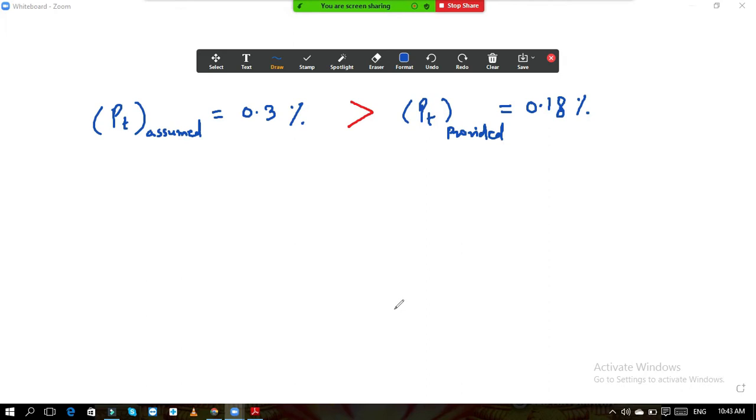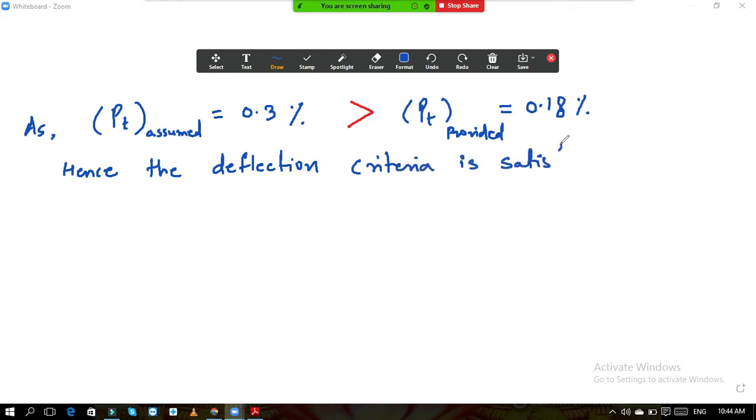So I can write: percentage of steel assumed is greater than the percentage of steel provided, hence the deflection criteria is satisfied.